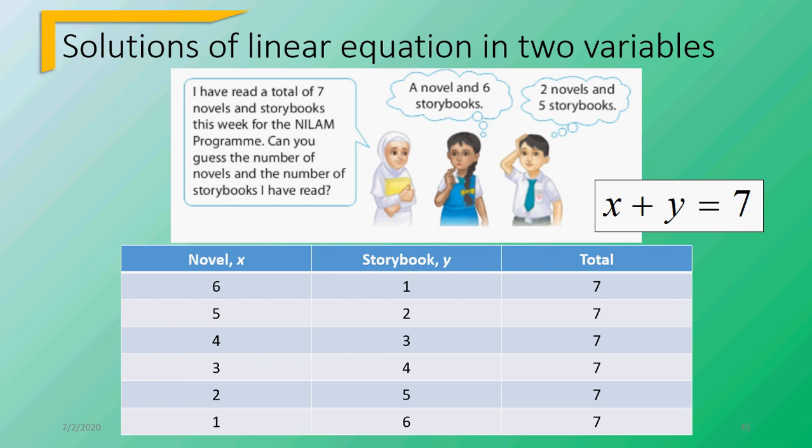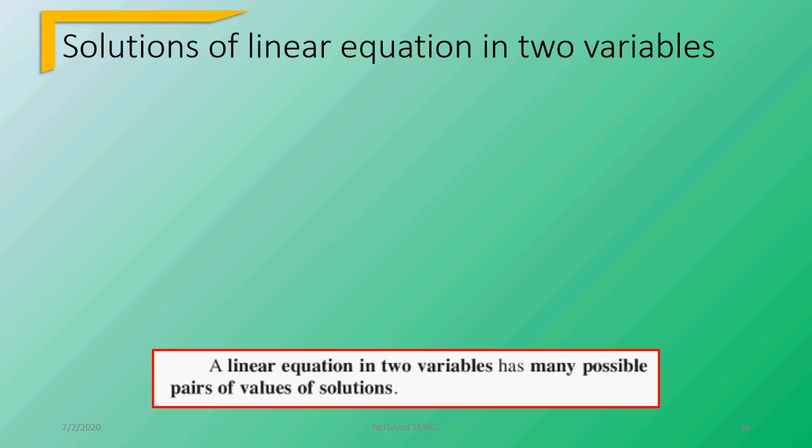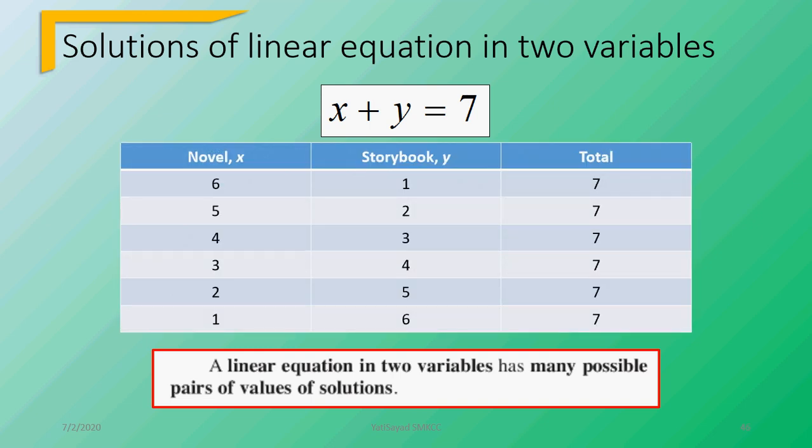These solutions show that a linear equation in two variables has many possible pairs of values of solutions. It is in a pair. Your answer is supposed to be in a pair. If you have the value of x, you must also have the value of y. If x is 6, y is 1. If x is 5, y is 2.